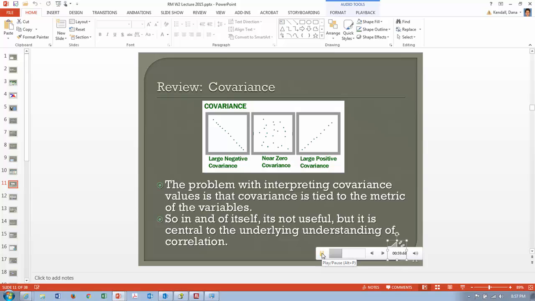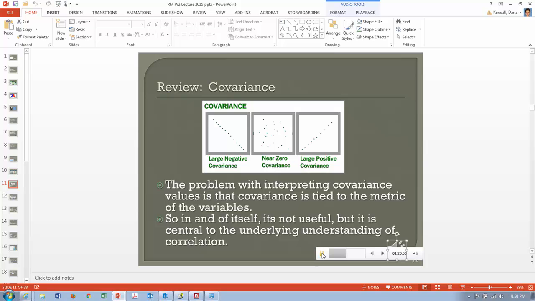So covariance is kind of interesting because it is tied to the units of measurement in your study, so those specific metrics. For example, if you are doing a study and you measure things in millimeters, so very tiny measurement of space, then you will have a very, very large covariance.